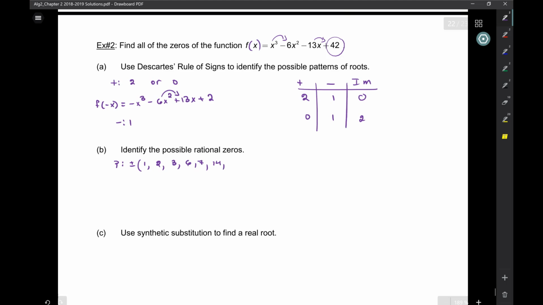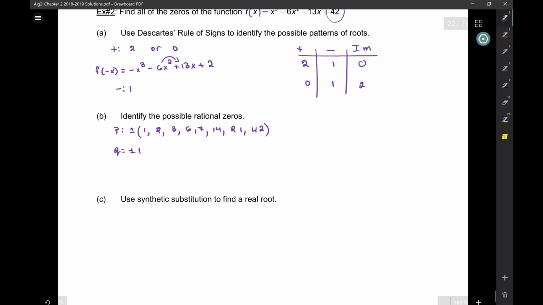And then 2 times what is 42? 21, and then 42. And then Q is plus or minus 1. So P over Q is just the same thing as we got for P.